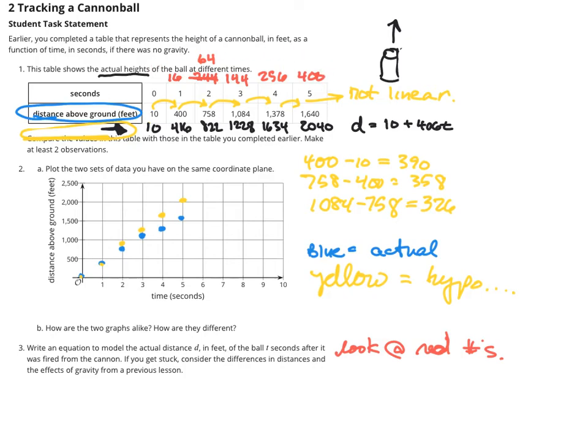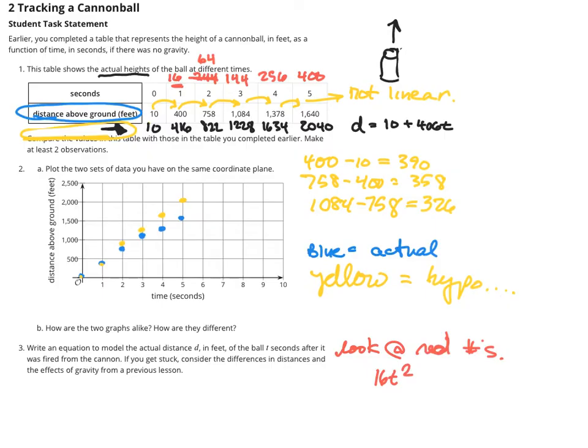So what we wrote in the previous lesson was 16t squared, right? So time is 1, 1 squared is 1 times 16. So when your time is 1, we use the 16t squared.